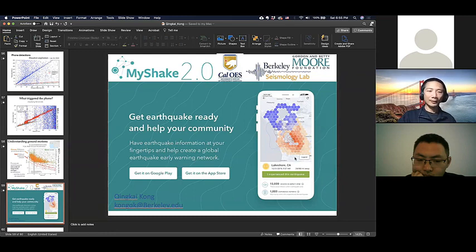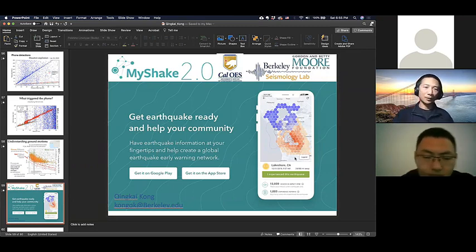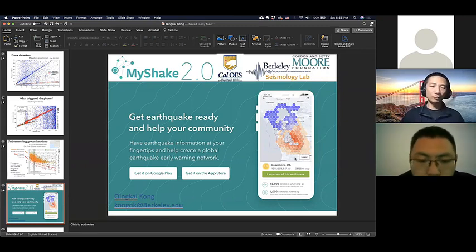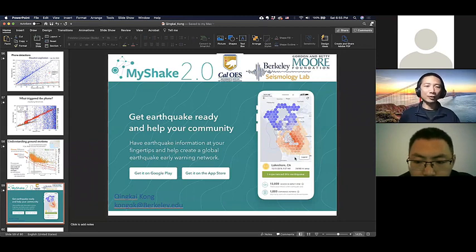If you are interested, you can definitely search online to see other people's work. They may be different from MyShake, but a lot of the basic ideas or concepts are very similar. Basically, use the accelerometer to detect the earthquake and then warn people before the shaking starts.